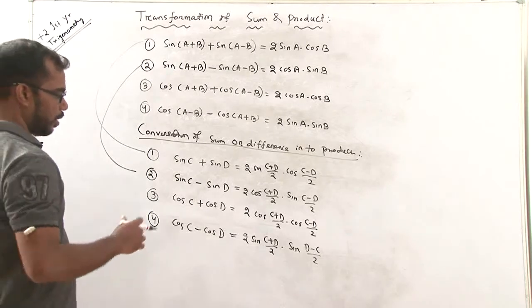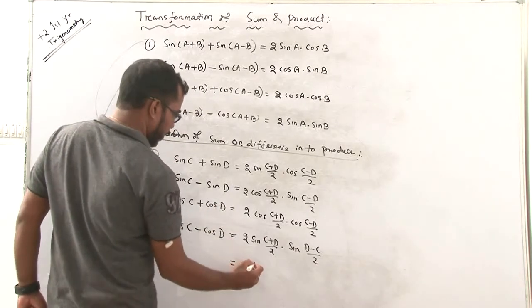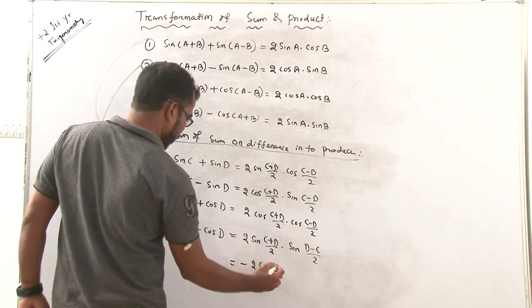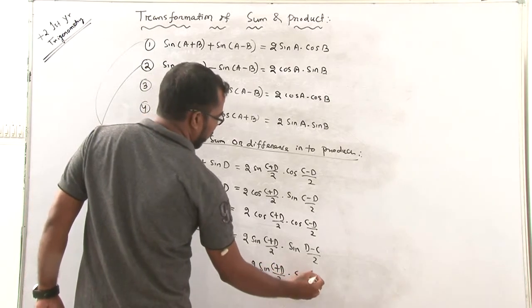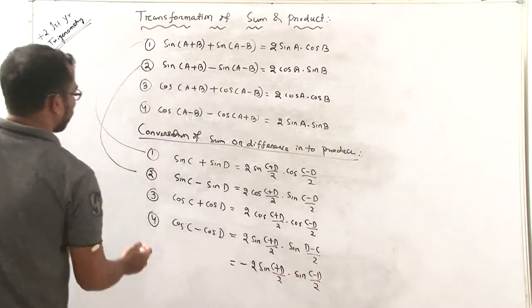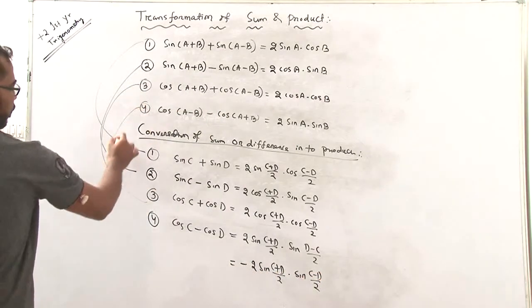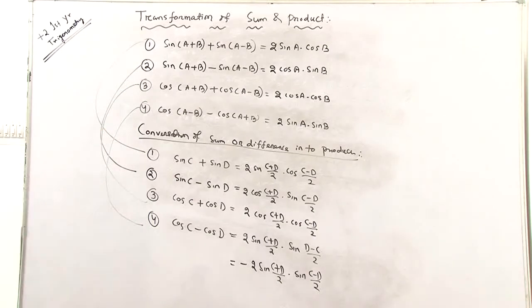Or we can write minus 2 sin (C plus D)/2 into sin (C minus D)/2. So this is the transformation of the above 4 formulas.